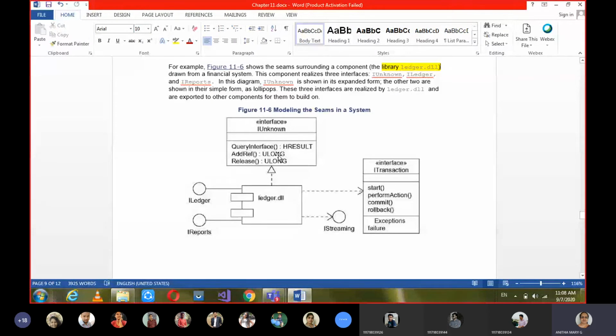So that's how we give the seams in a system. Seams means the surrounding of a component. Here we are taking it as a component, which is why I say surrounding: what are all the environments with respect to this component? So this is about the first common modeling technique.